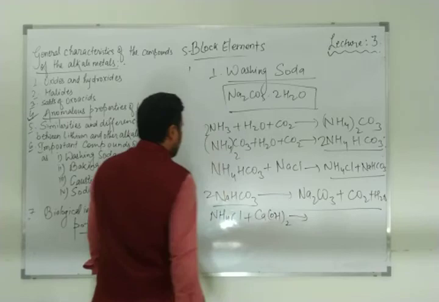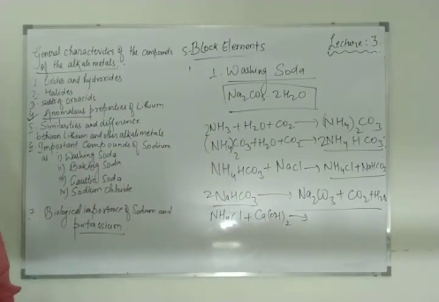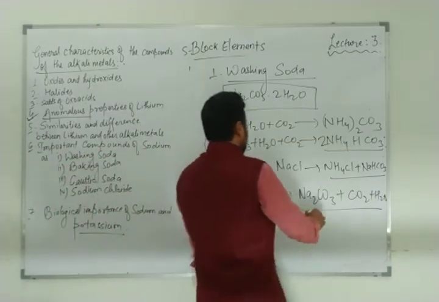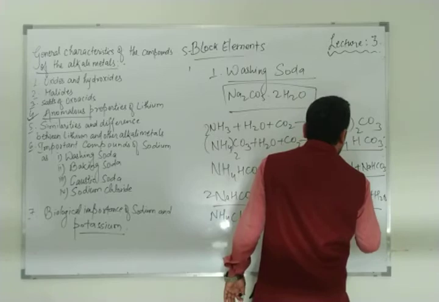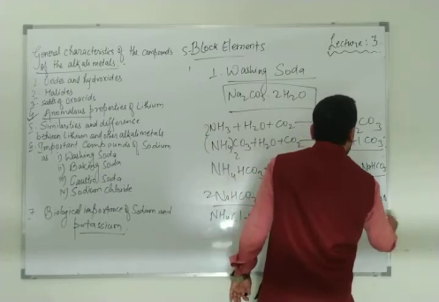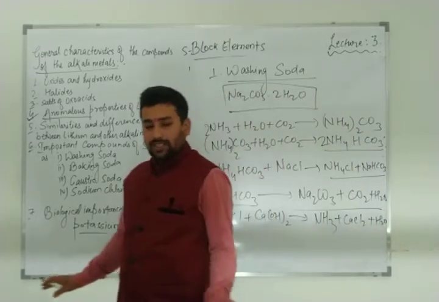Can you tell me? Ammonium hydroxide plus calcium chloride plus water. Here the ammonium hydroxide will convert into ammonia plus water. You can balance the reaction, no need to balance it here.